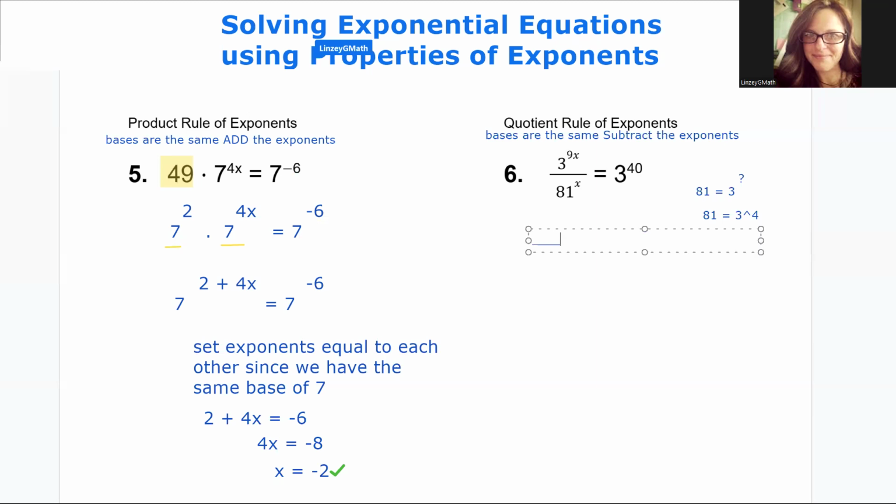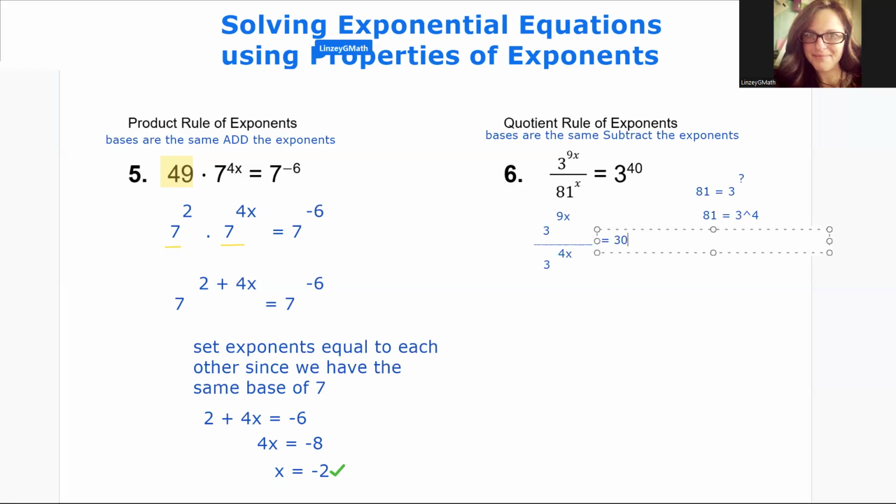So we'll rewrite our expression. Numerator, we still have 3 raised to the 9x power. And in the bottom, 81 is 3 to the 4th power. And then we also have the x, so we will end up with 3 to the 4x power, rewriting 81 as 3 to the 4x power.